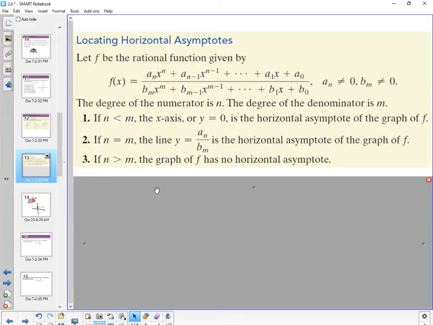Exactly. You guys are kicking it. Mr. Munoz, we know all this function, all the books.